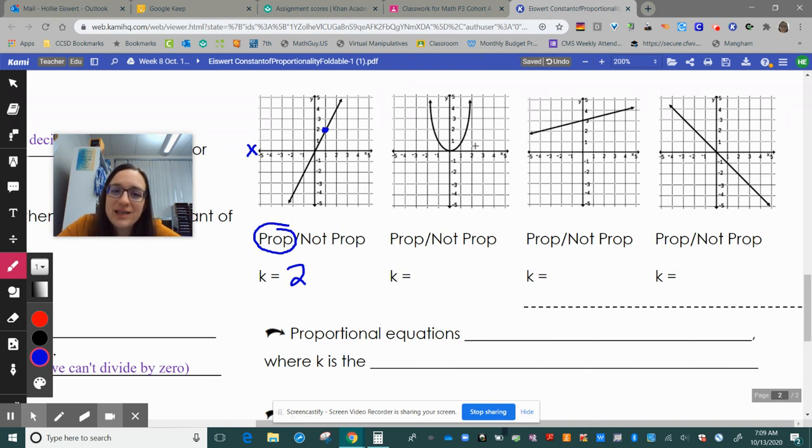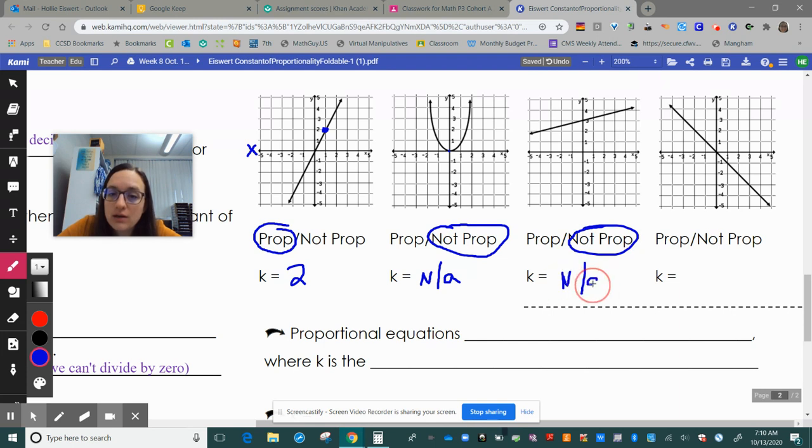Next one. Is that a straight line? No. So right then and there, we know it's not proportional. It does go through the origin right there, but it's not a straight line. It has to be both. Means we don't have one of these. Not applicable. All right, this one. Ooh, it's a straight line. Does it go through this point (0, 0) right here? No. So it's not proportional either.